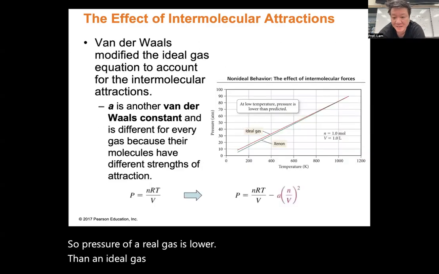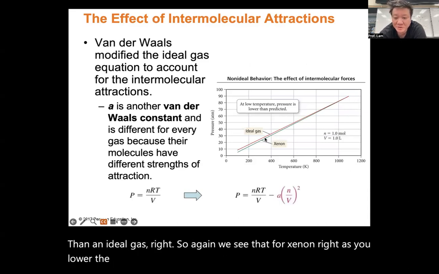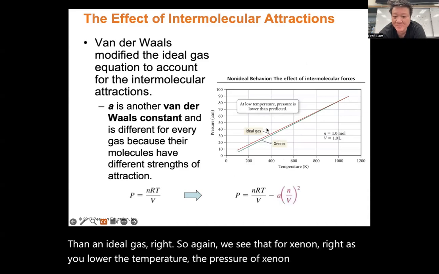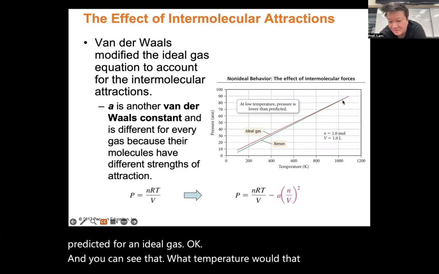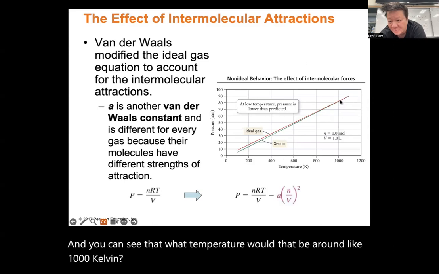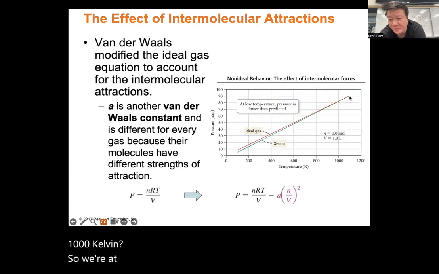So again, we see that for xenon, right? As you lower the temperature, the pressure of xenon is lower than predicted for an ideal gas. Okay. And you can see that. What temperature would that be around? Like 1,000 Kelvin? So we're at like 273 Kelvin. So we're good, right?